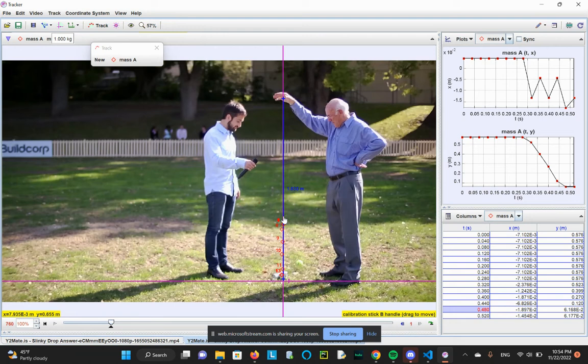Until there's no more tension, which is when the slinky collapses upon itself, it will stay there. But once there is no more tension, it starts falling, and then we get drag force added to it.